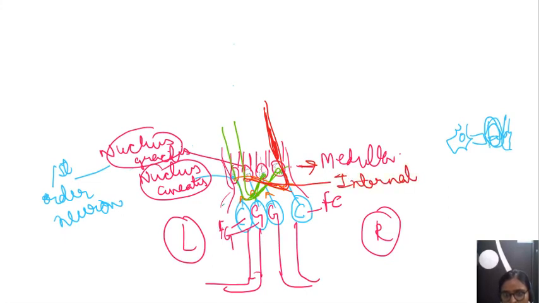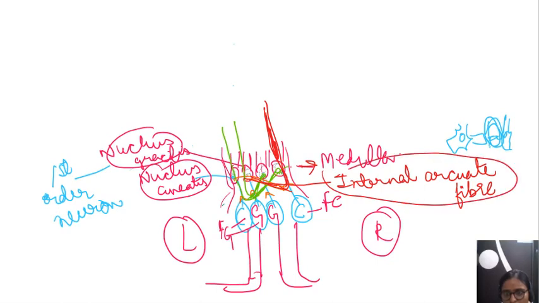What is it called? Internal arcuate fiber. It's very easy. The crossing at the medullary level is called internal arcuate fiber. Now the left side goes to the right side and the right side comes to the left side. Fine.